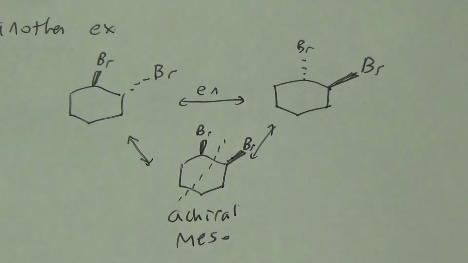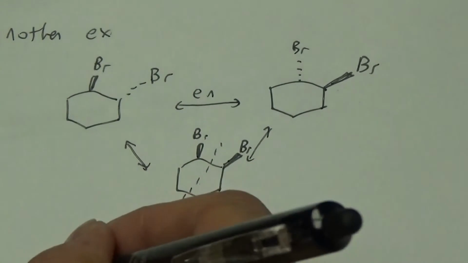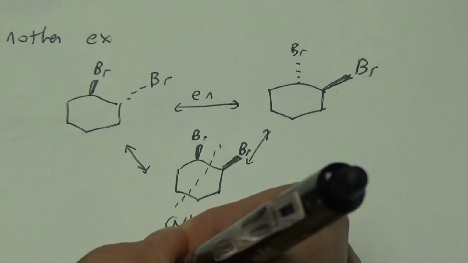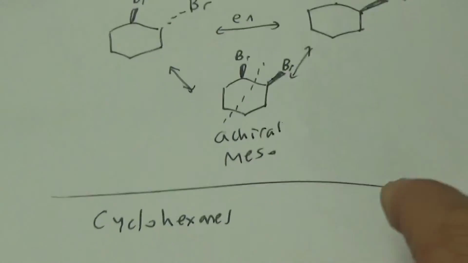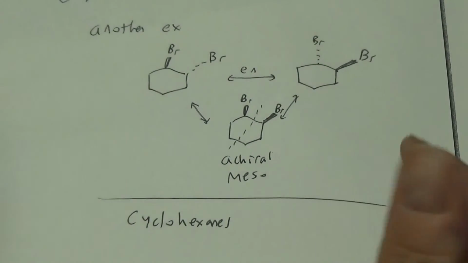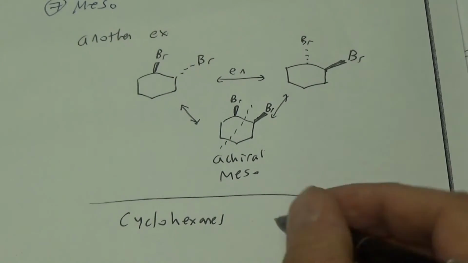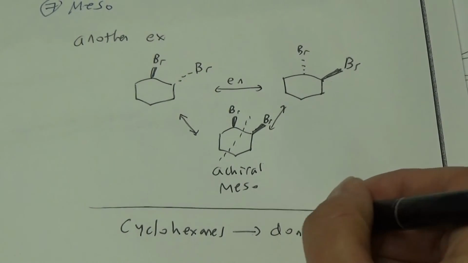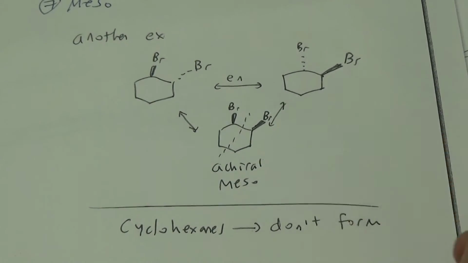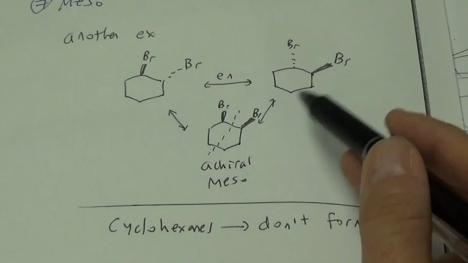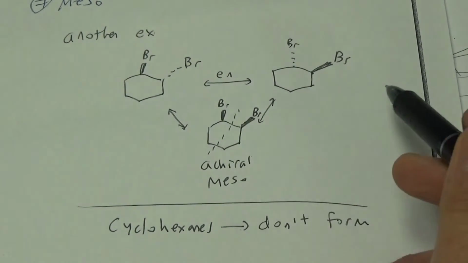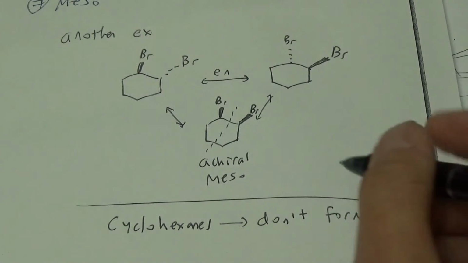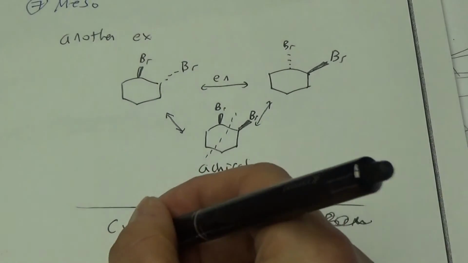Just another example of that. Alright. I would say, like with cyclohexanes, you're used to drawing cyclohexanes as chairs. I would say don't draw in chair format here. For the purpose of seeing meso relationships and planes of symmetry, don't draw chairs.